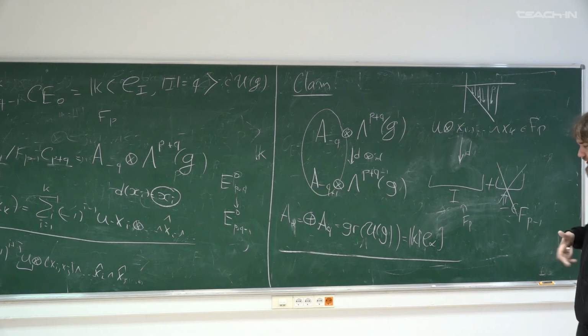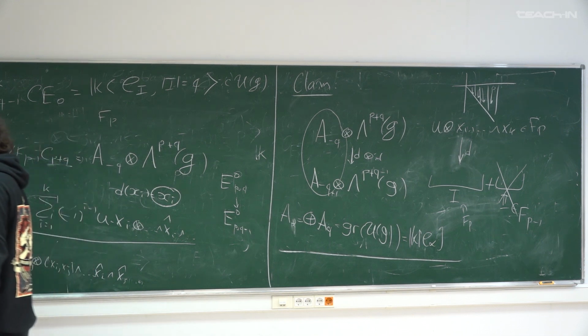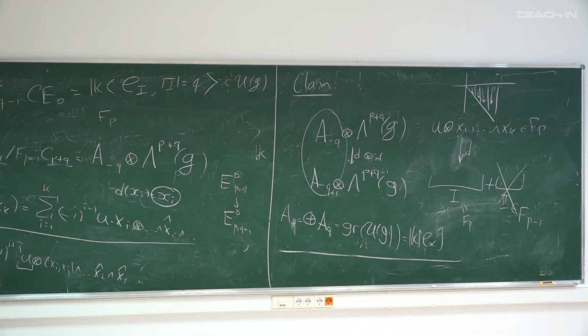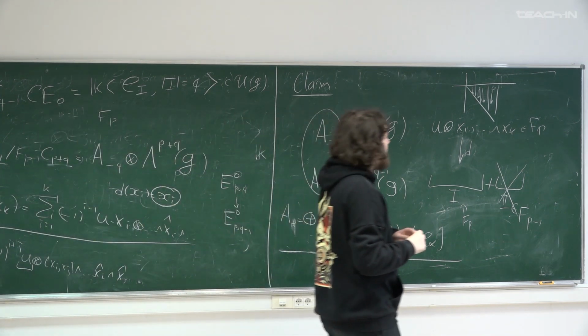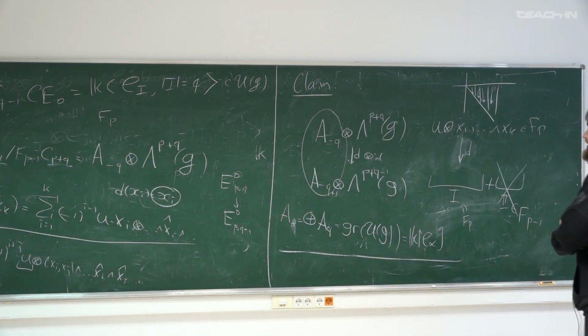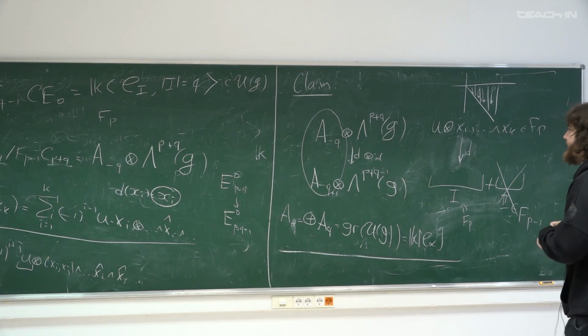So if you have a Lie ring, a Lie algebra over Z, and it is a free abelian group, this is also true, of course. You have the standard resolution. So our claim is true.